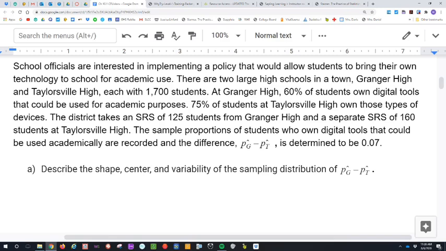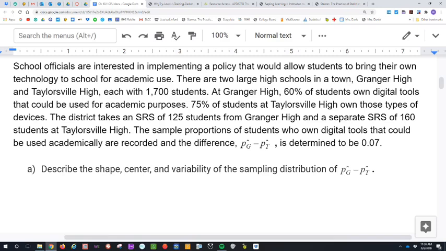The sample proportions of students who own digital tools that could be used academically are recorded, and the difference, the sample proportion from Granger High who own a technology device minus the sample proportion of students from Taylorsville High, is determined to be 0.07.